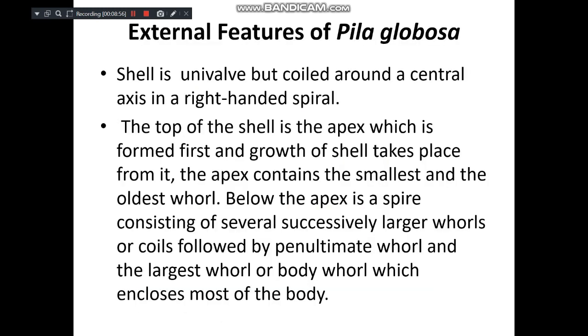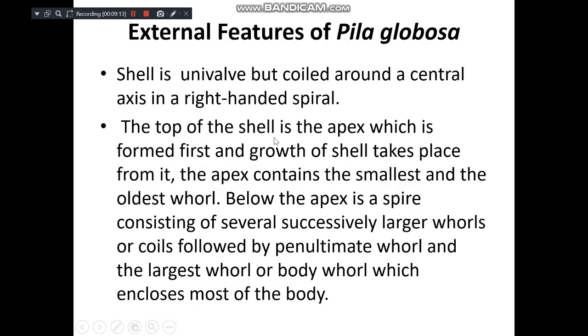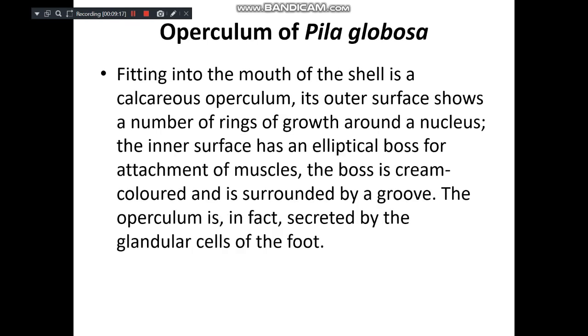The largest whorl is nothing but the body whorl, which encloses most of the body. So this is the largest whorl where you can see. This is also called the body whorl, and it encloses most of the body of this animal inside.